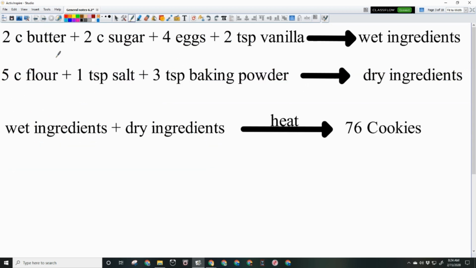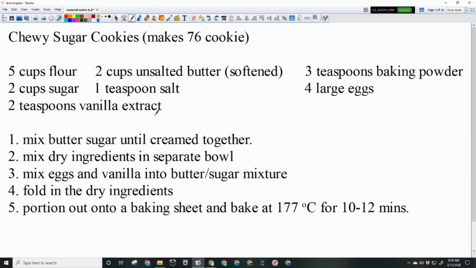So just like a chemical equation, when we combine things together, like the chemical equations we just finished talking about, we get certain products. For example, if we mix the 2 cups of butter and 2 cups of sugar, the 4 large eggs, and the 2 teaspoons of vanilla, we're going to get what the recipe referred to as the wet ingredients.